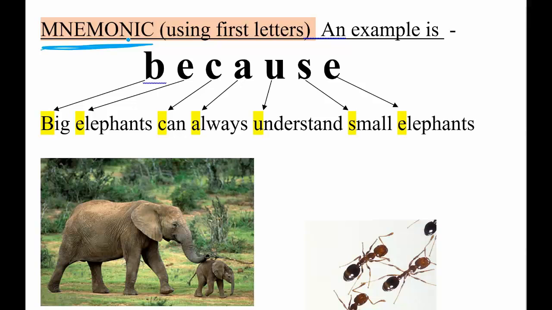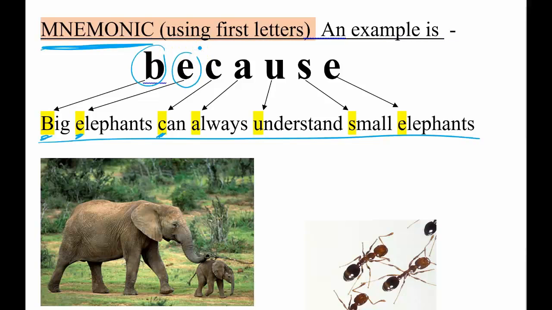Well, actually, a mnemonic is where we make up a phrase or a sentence where the beginning of each word represents a letter in the word that you're finding difficult to spell. For example, the word because is quite a challenging word to spell.